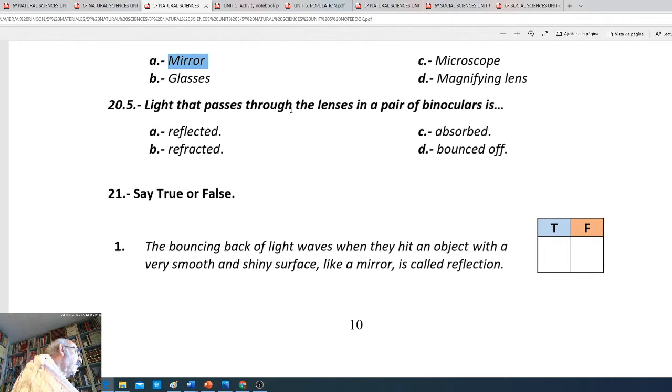Light that passes through the lenses in a pair of binoculars is light that passes through. So reflected, refracted, absorbed, bounced off. What do you think? 25. What do you think? A, B, C, or D?